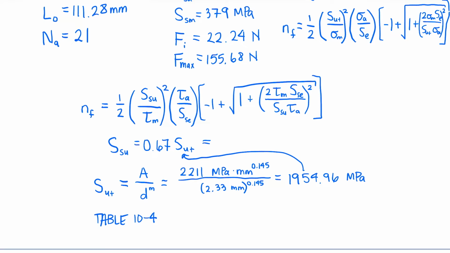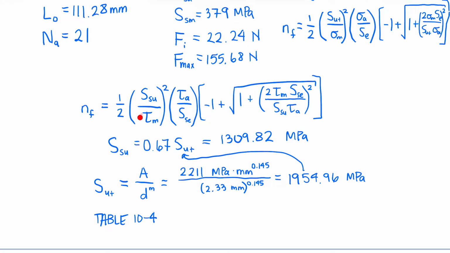So 67% of that comes to 1309.82. Okay, that's our torsional modulus of rupture, and that's in megapascals. All right, so we've got that to plug in.